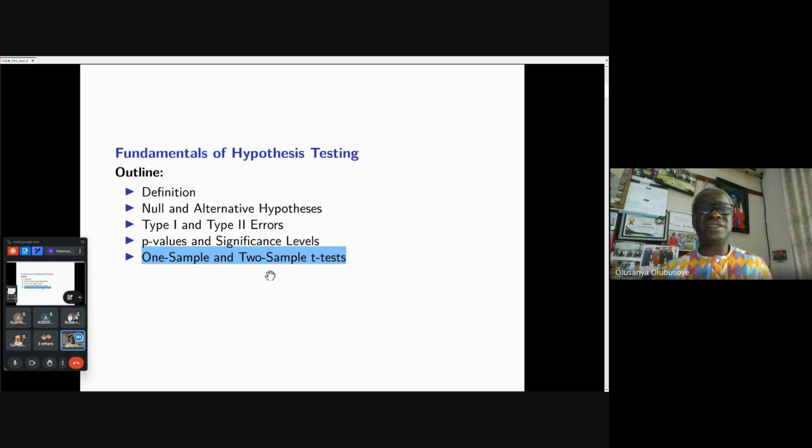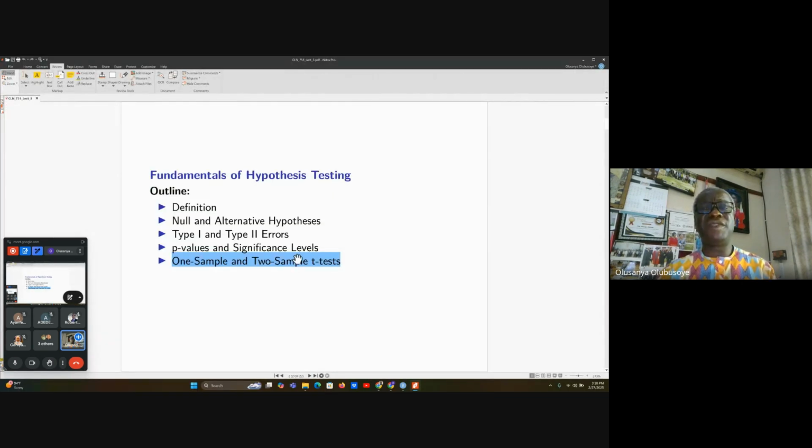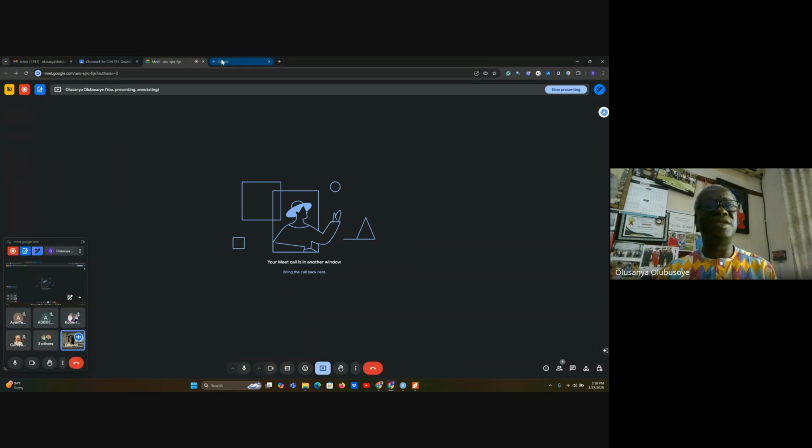But this t-test can be used for one sample and also for two samples. And we are going to demonstrate with examples.